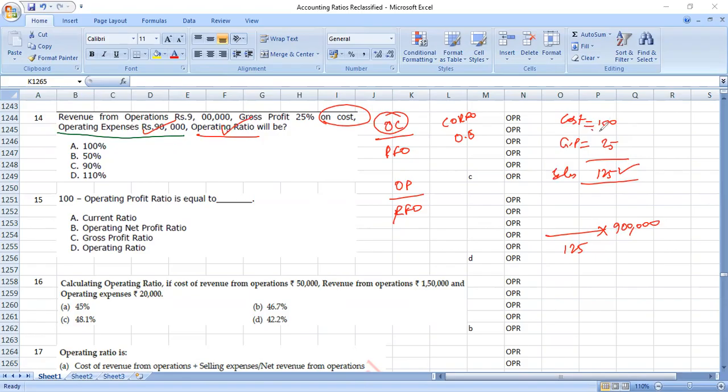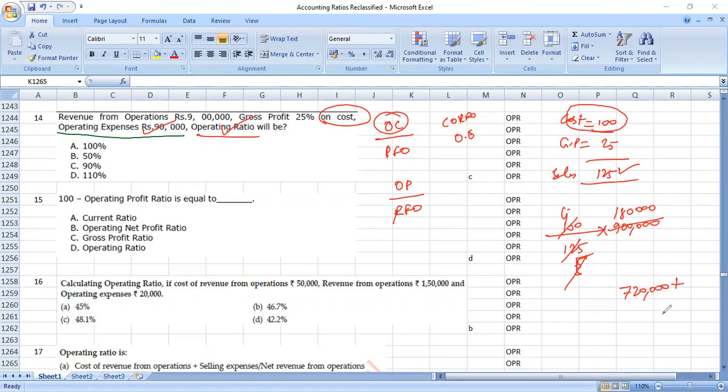So operating cost, our assumption cost is 100. So you write 100. So this goes how many times? 5 times of 25, 4 times of 25. 18 followed by 4 zeros, 1,80,000, 1,80,000 into 4, 7,20,000. 7,20,000 is our cost of revenue from operation.